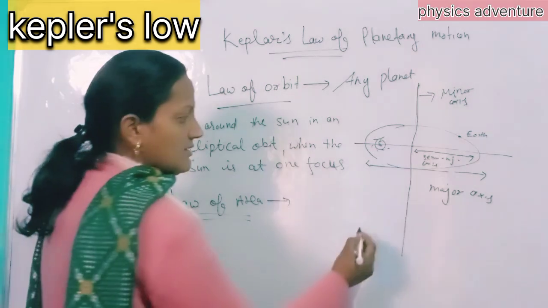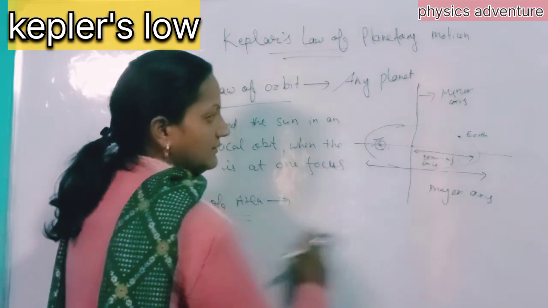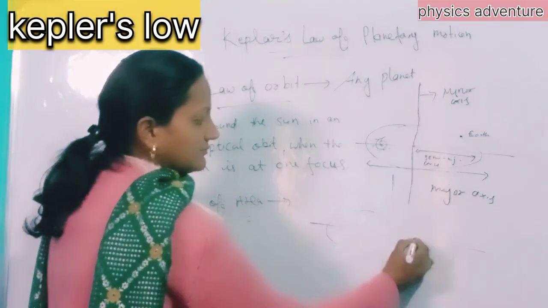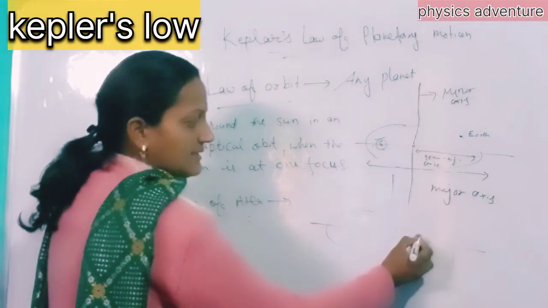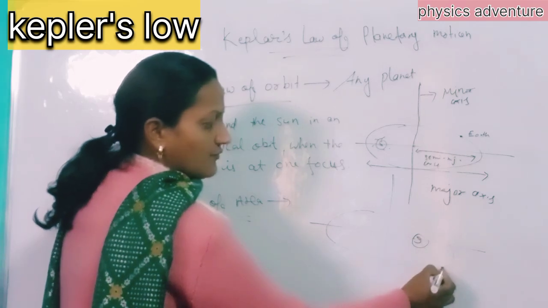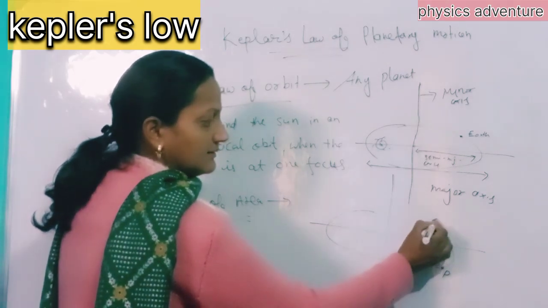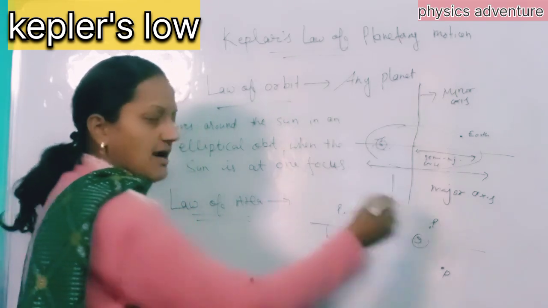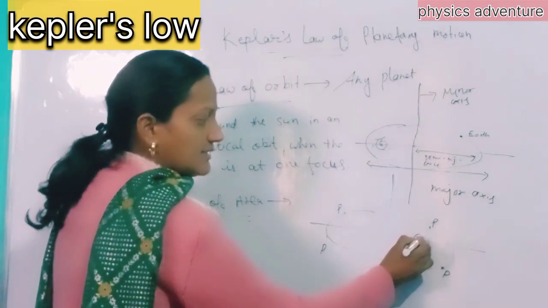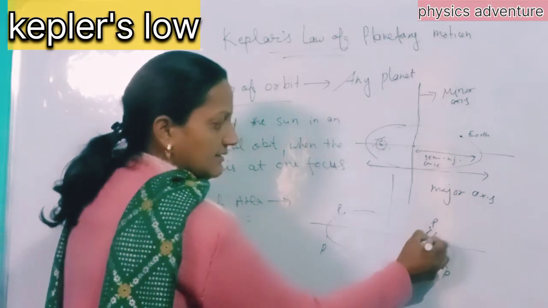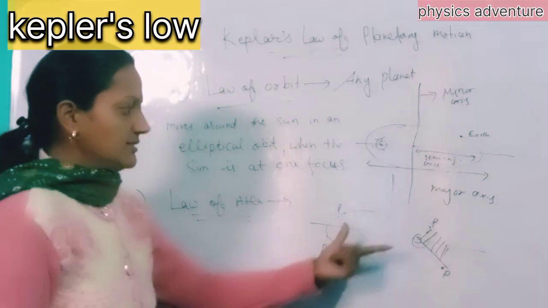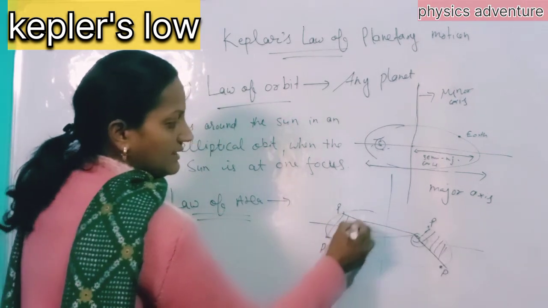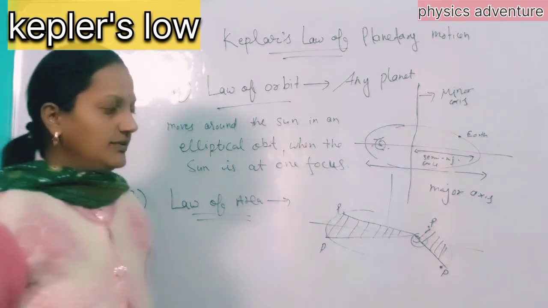Suppose here is a sun, and a planet moves from here to here and then here and here, around the sun in an elliptical path, but it sweeps out equal area in equal intervals of time.